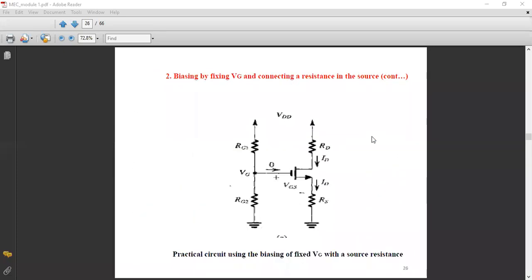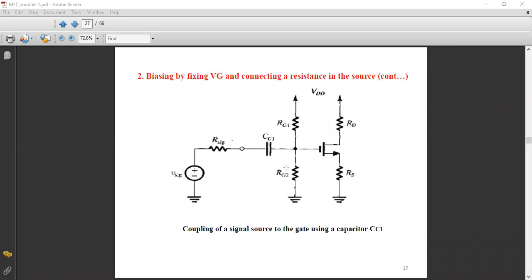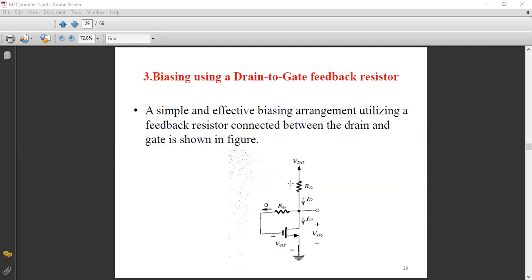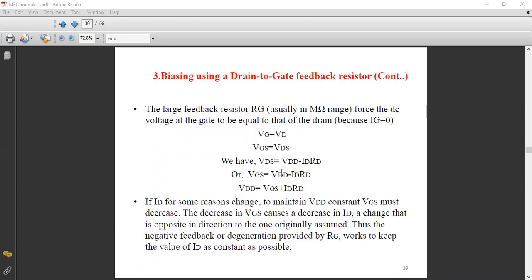Unlike the previous case, where we used RG1 and RG2 for setting VGS, because we needed a constant VG, here we don't require that. Instead of using RG1, RG2 and RS, I have simply connected one RD and RG, that's all. So this is simpler, and at the same time it is effective also. Why is it effective? Because I made the Q point stable by fixing a proper drain current.